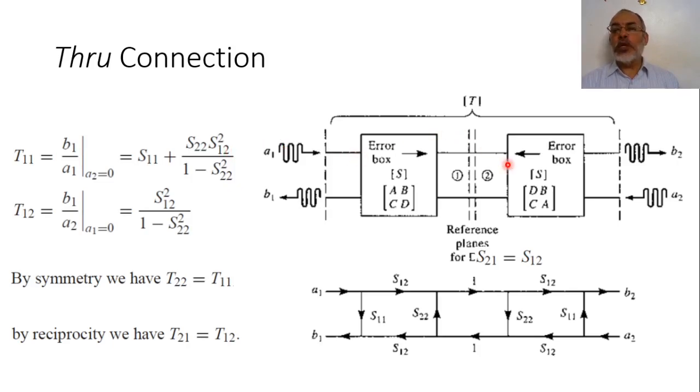And assuming that the two error boxes are identical, the S parameters of the error box of the input are the same as the S parameters of the error box of the output. So we have three unknowns: S11, S22, and S12. To obtain the solution of these three unknowns, we need three equations.